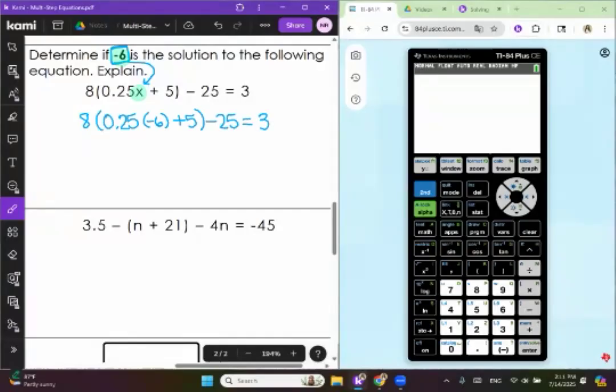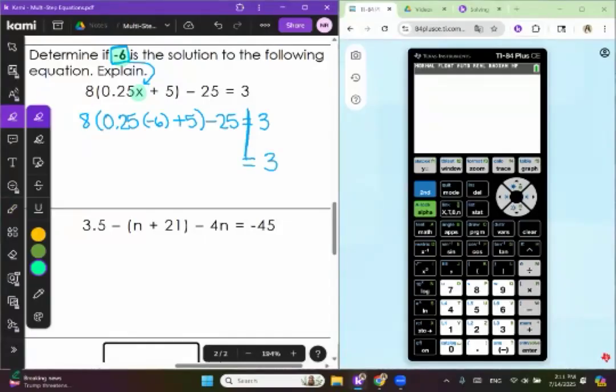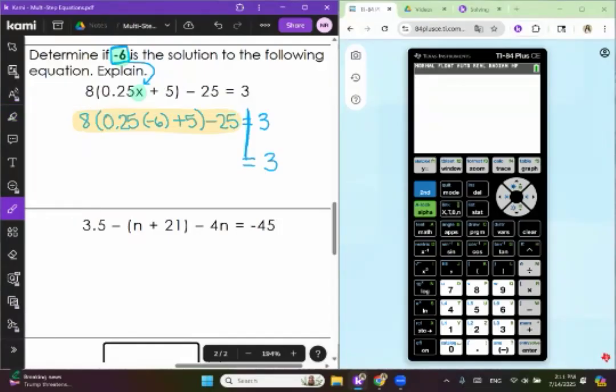Now, the good news about this is, I'm going to separate my sides. The good news is you have a calculator. So what do you think you can do with all of this? Type it in exactly the way it is written. So 8 parentheses 0.25 parentheses negative 6 plus 5 parentheses again minus 25.